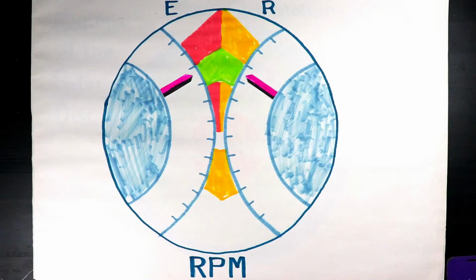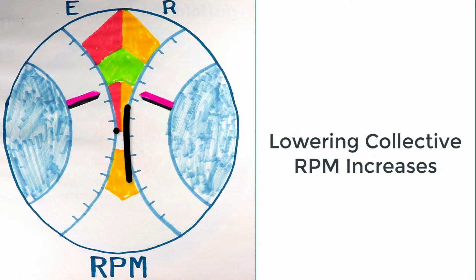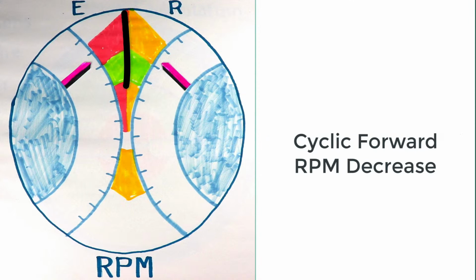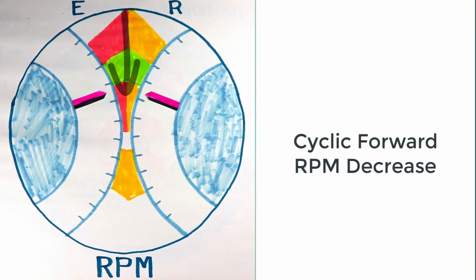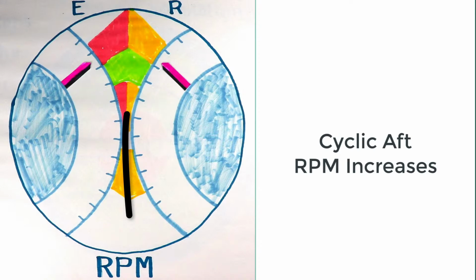Things you need to understand about autorotative descents and RPM control: raising the collective, RPM decreases. Lowering the collective, RPM increases. If you move the cyclic forward, RPM will decrease. If you move the cyclic aft or pull back on the cyclic, RPM will increase.